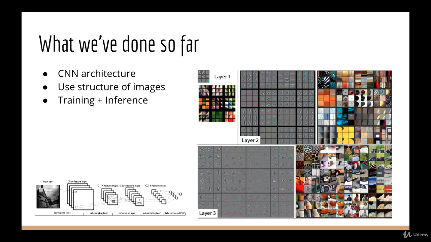It assumes nothing about the data, but that makes it less suited for images in particular. The structure of a CNN is such that each layer finds progressively more and more complex features of the input. We looked at how to do both training and inference with a CNN, and we looked at how the same basic architecture of the LeNet has inspired newer architectures such as AlexNet and VGG.